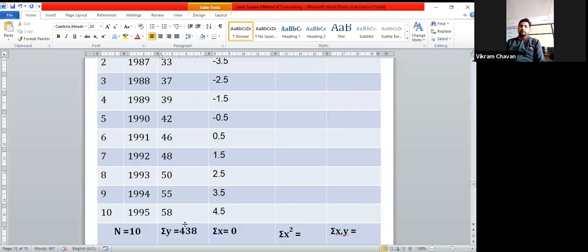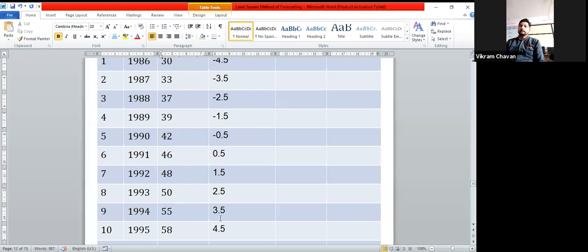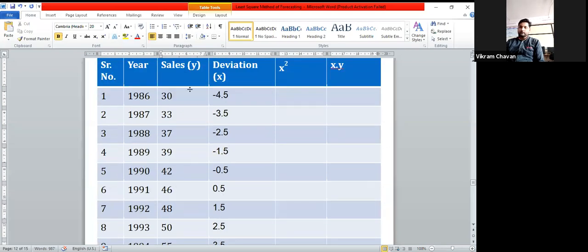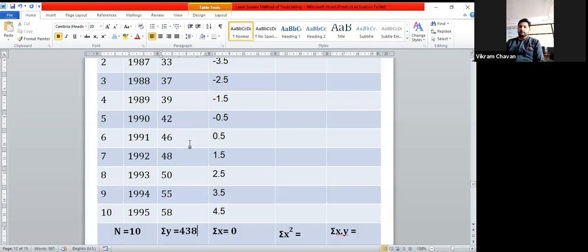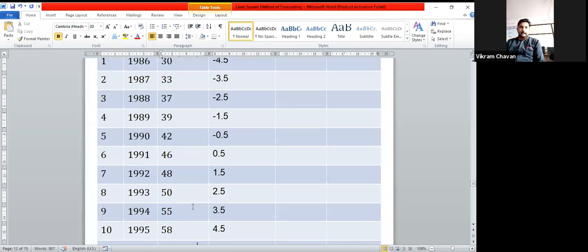Don't use a mobile calculator, that will not help you, and it will not be that handy to perform engineering calculations. Use a scientific calculator. Now, as we have calculated the sales, 438, right? Thank you for the confirmation. 438 is the right answer.